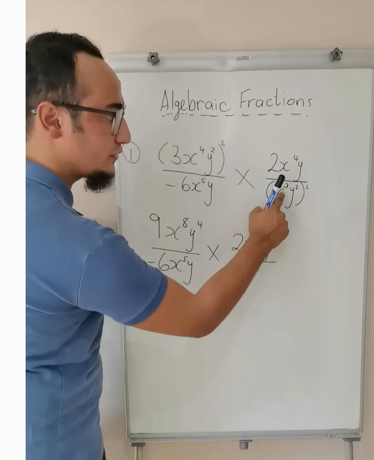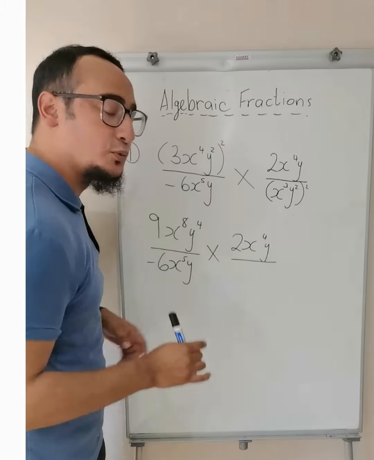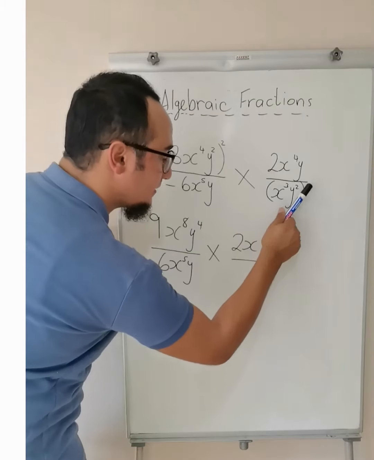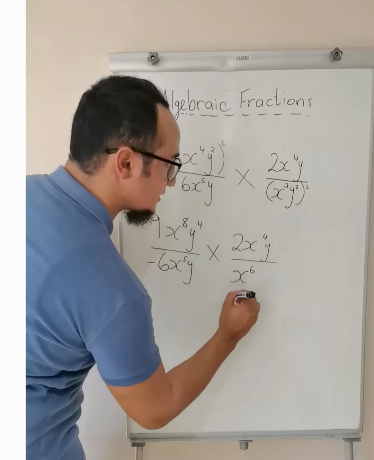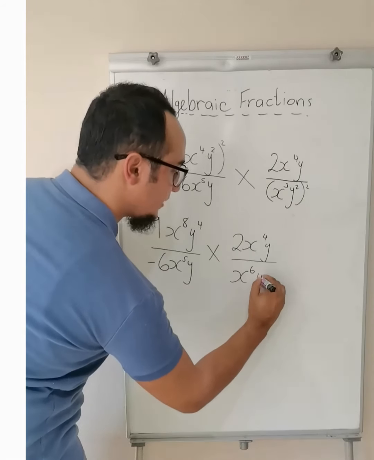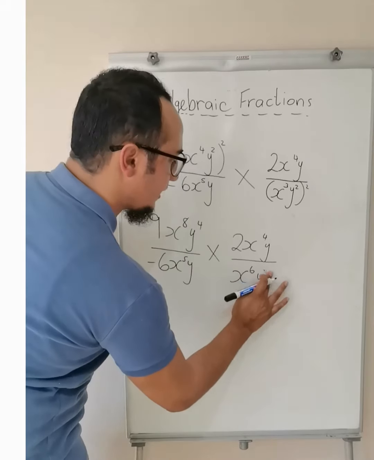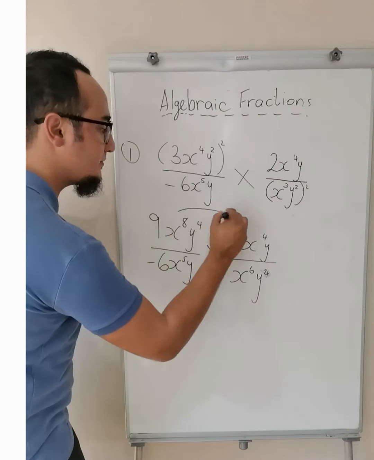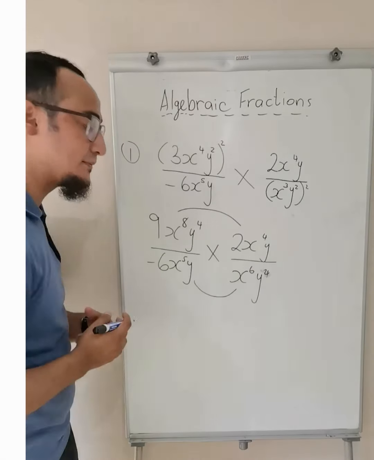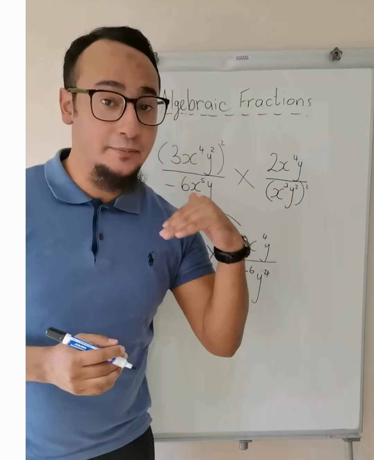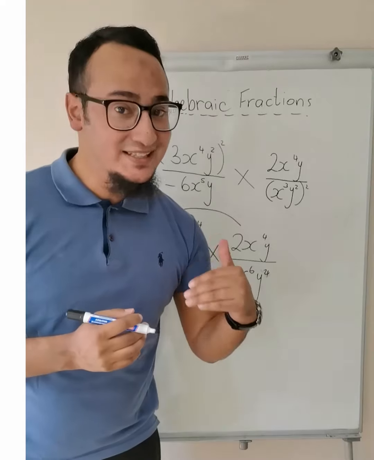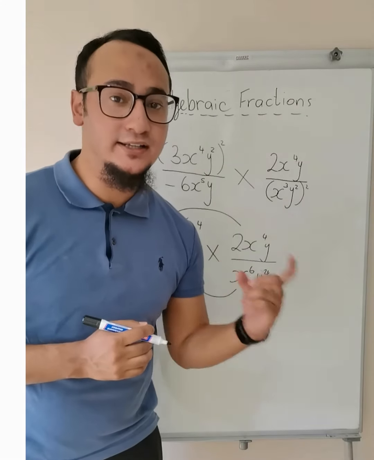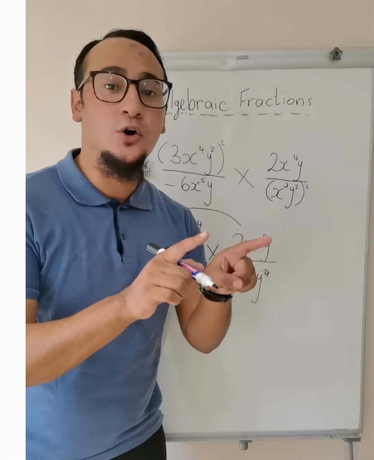Right, everything over here is raised to the power of 2. So what do you do with the exponents? You multiply them. So 3 times 2 is equal to 6. Y squared raised to the power of 2 is y to the power of 4. Okay. Then, remember, numerator times numerator, denominator times denominator. Now, when that happens, I multiply numbers as normal, and when I multiply the corresponding letters, the exponents will add.